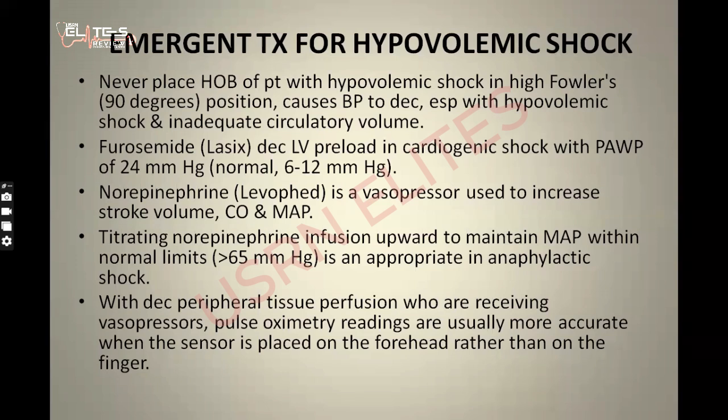When someone is on inotropic support or vasopressors, and you take the pulse, please let us take this seriously. Maybe you can check it somewhere on the ankles. It will be more ideal to check the patient's oximetry, pulse oximetry, either on the forehead, at the earlobe, or any other place possible, except the finger.